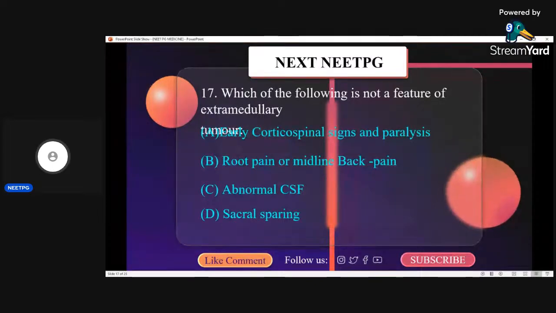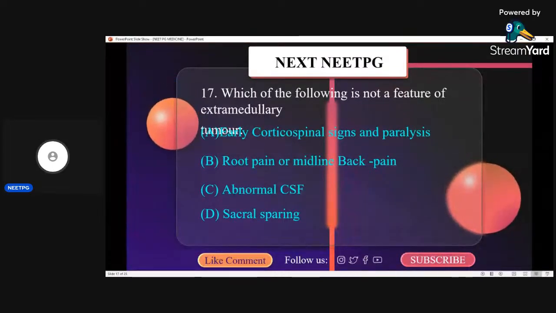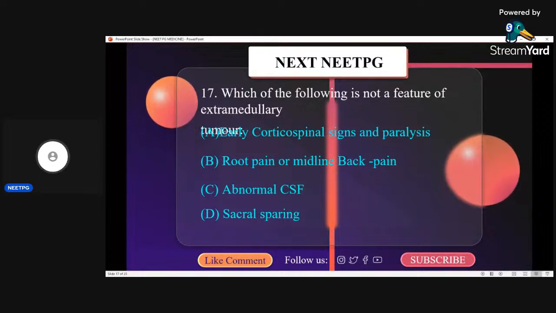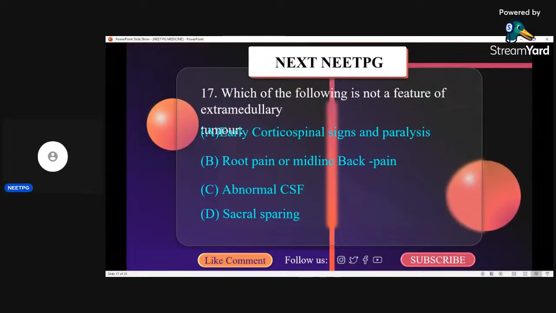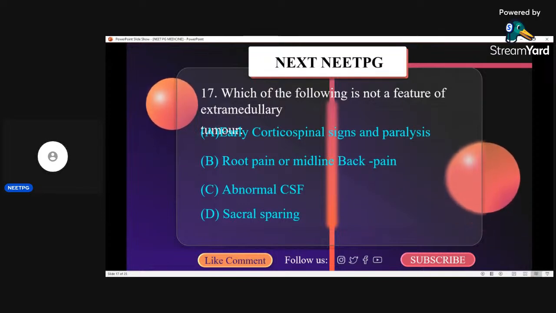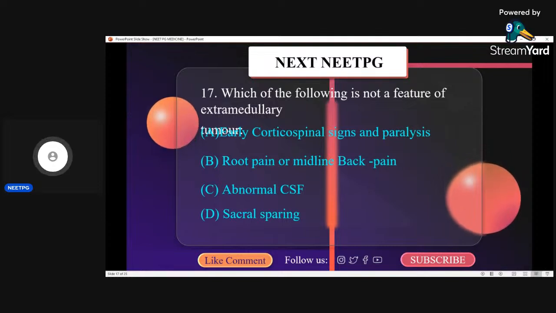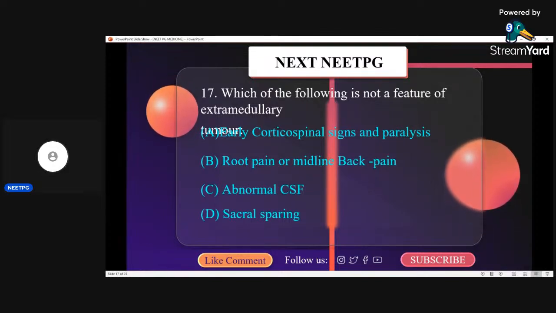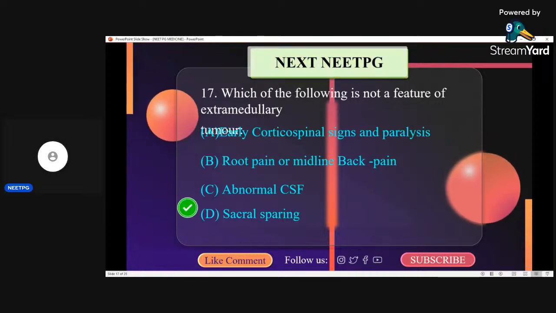Whereas in intramedullary lesions, there is poorly localized burning pain rather than radicular pain, and sensation is spared in the perianal and sacral areas. So in intramedullary lesions, there is sacral sparing, whereas in extramedullary lesions there is no sacral sparing. Early sacral sensory loss is there. So the correct option here is D, sacral sparing.